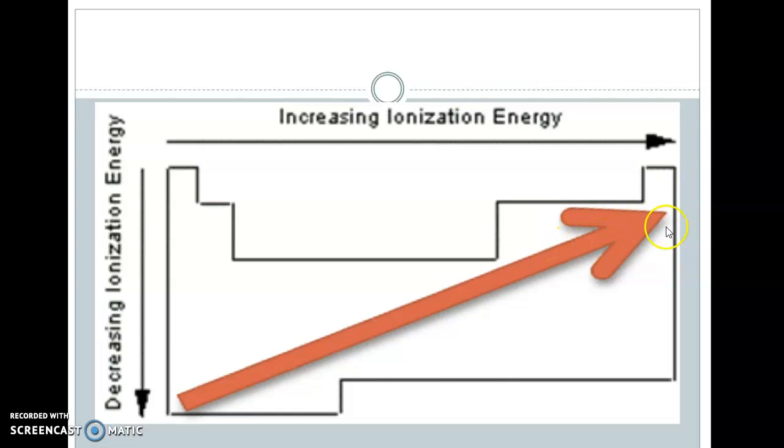Now, this arrow is a little misleading. It actually is pointing at the noble gases, but in fact, it would stop at fluorine because the noble gases don't form ions. There's no way that we're going to be able to remove their valence electrons because their valence shell is full. So actually, the element that has the highest ionization energy of all elements is fluorine.